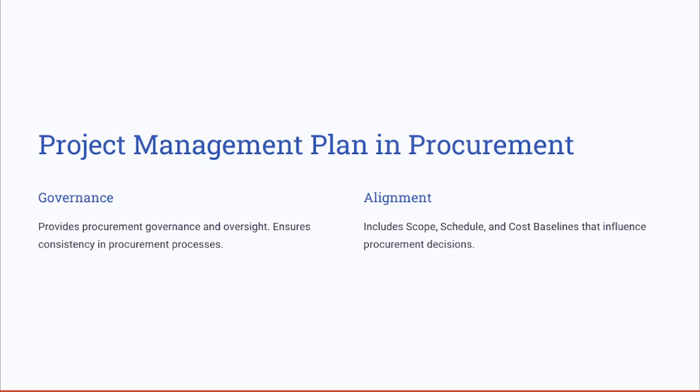If the procurement activities are not planned correctly, they can lead to delays, cost overruns, or scope misalignment. A well structured project management plan ensures that the procurement plan remains transparent, well documented, and aligned with overall project success.